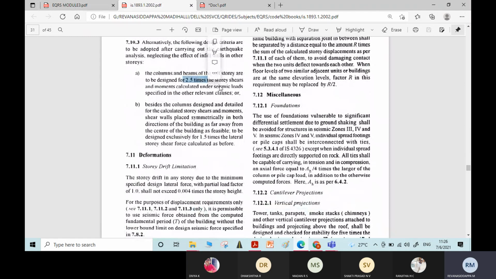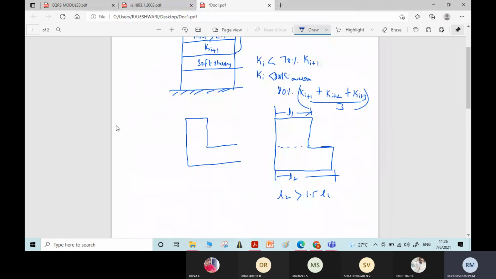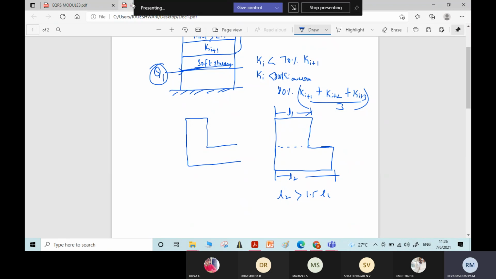For example, if you calculate the story shear for the soft story, if you assume this as the soft story, you will get some story shear Q1. If it is a soft story, then instead of designing the beam for Q1 force, we will design it for 2.5 times Q1.